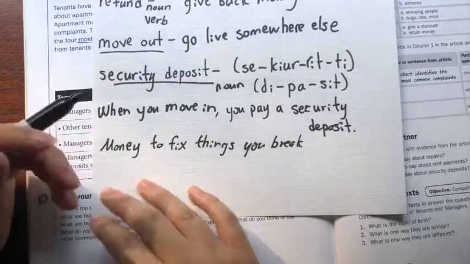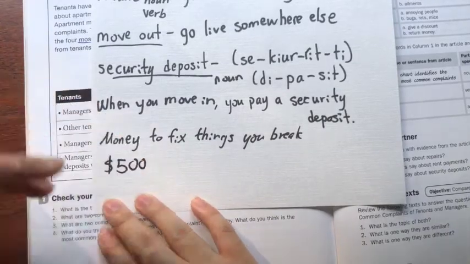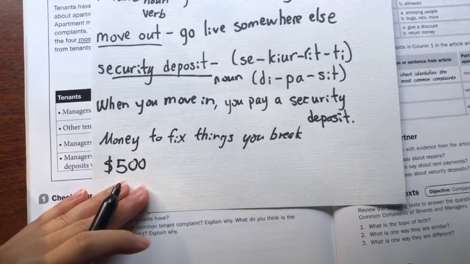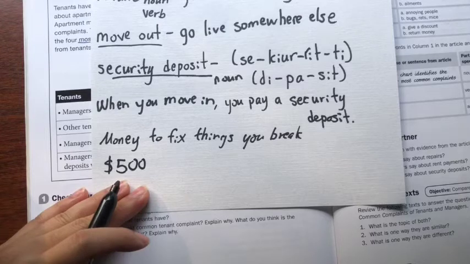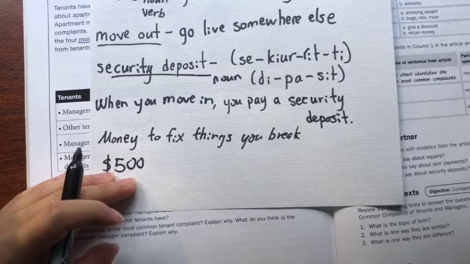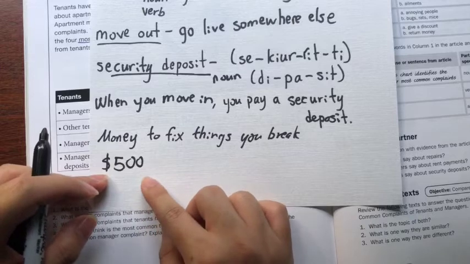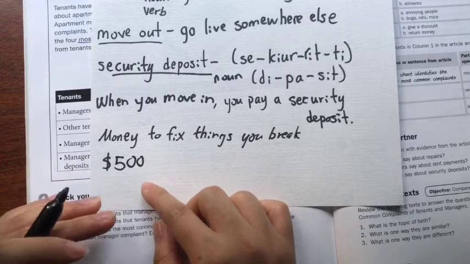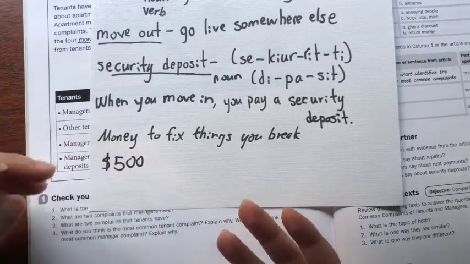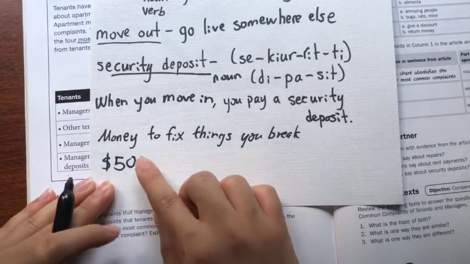So, if I move into an apartment and the security deposit is $500, and I set the oven on fire. I burn cookies in the oven, and now the oven is broken. Well, this $500 is used to pay for fixing the oven. So when I move out, I don't have the money anymore because I broke the oven. But if I move out and everything is perfect, nothing is broken, everything is clean, then I get this money back.